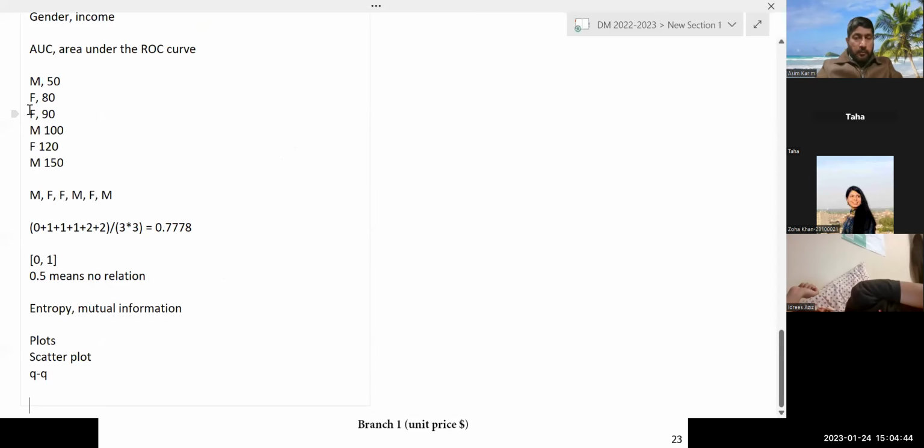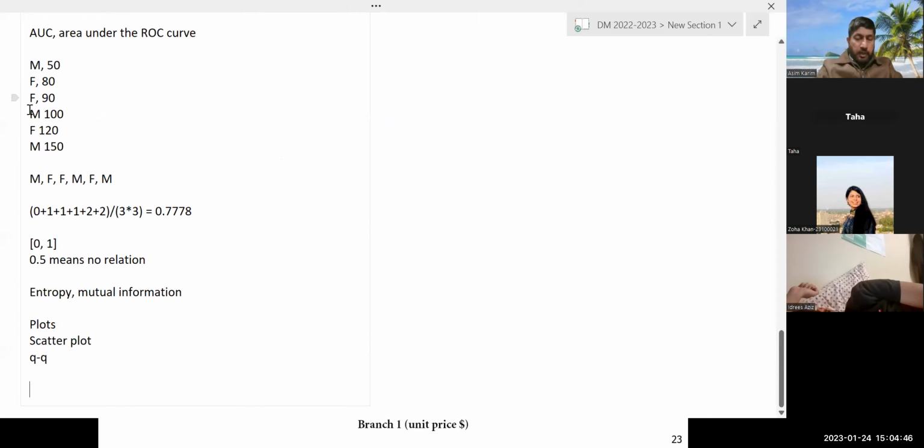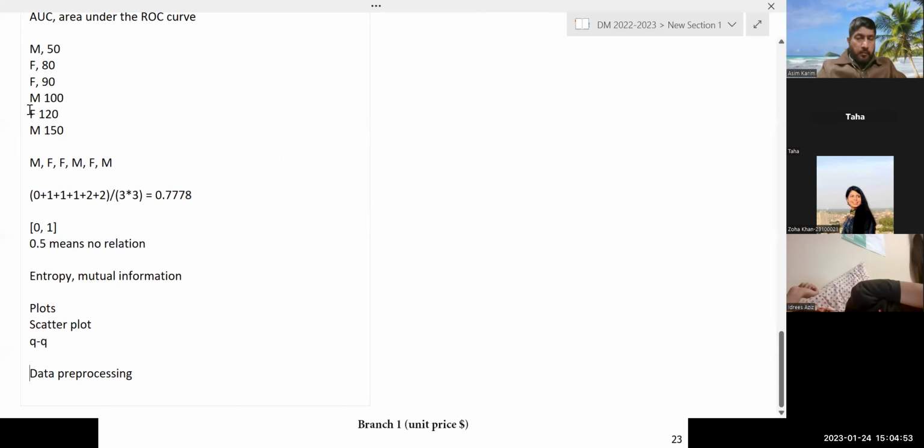So the next main topic is data preprocessing. So this would be chapter 3 of your book by Kamber, Han, and also I think corresponding chapters in the other textbooks. Data preprocessing is actually a lot of things.